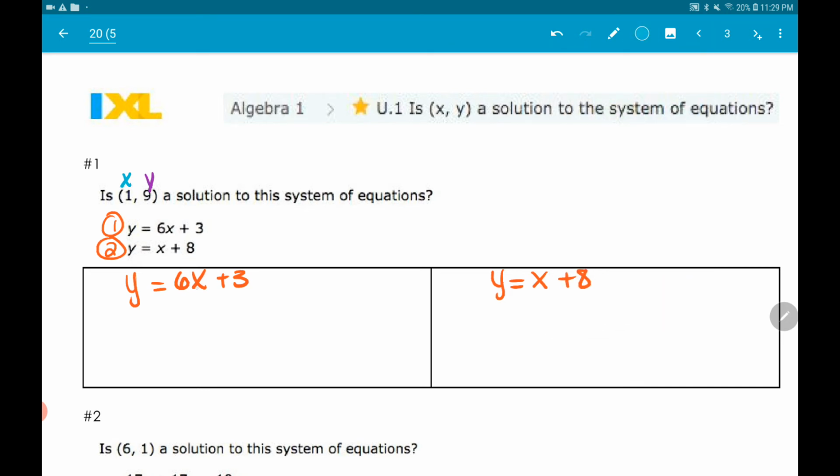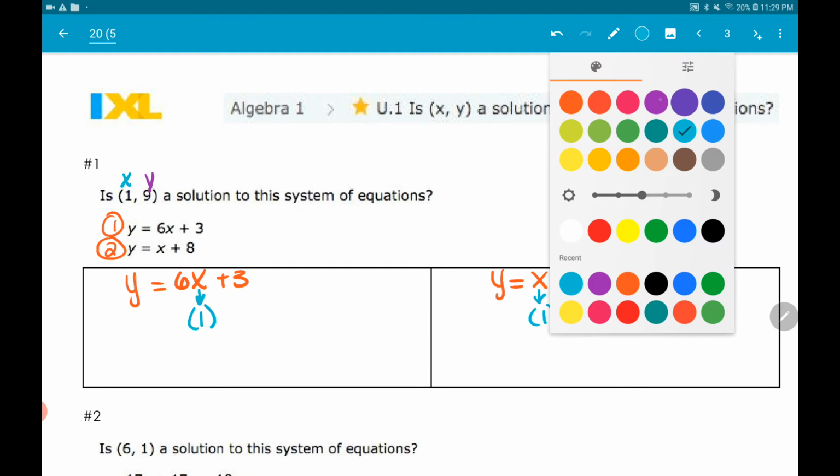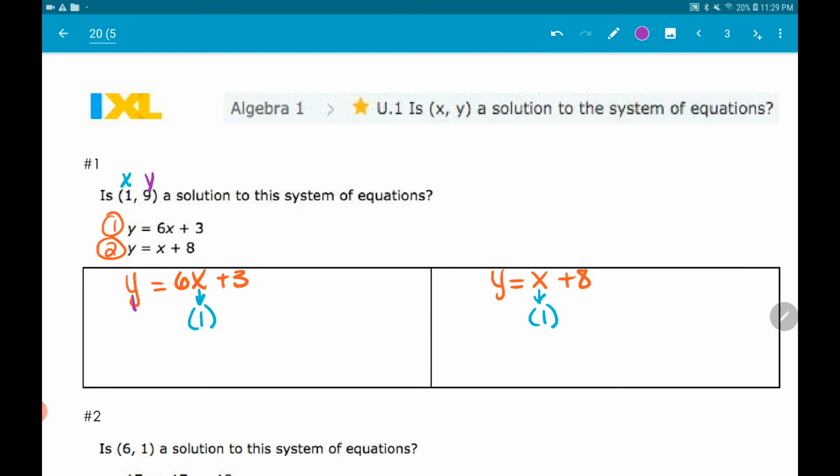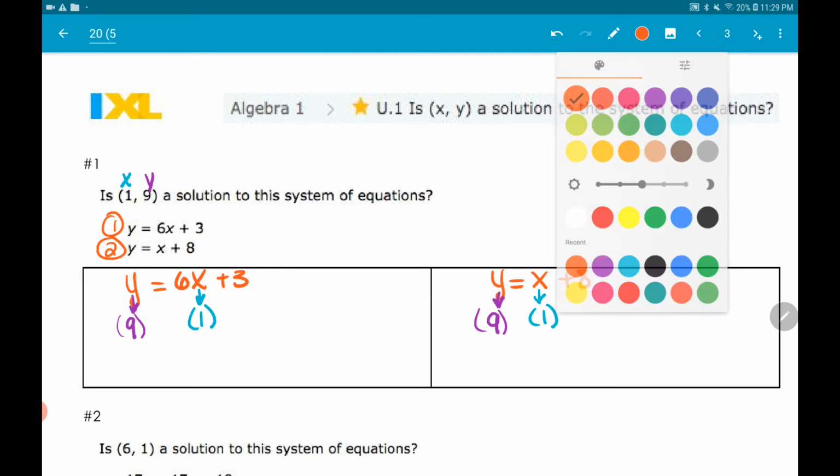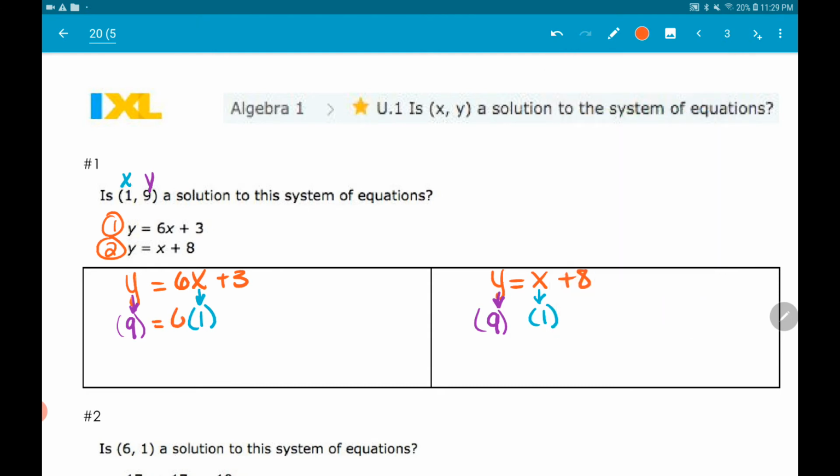All right, so let's plug them into our equations. X is 1, y is 9. Everything else I bring down.